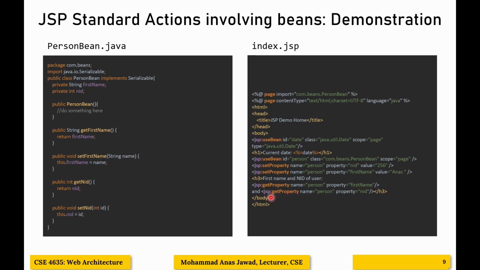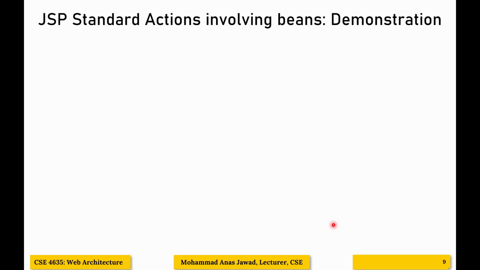Similarly, we have another getProperty action tag here, and in this case, we are writing the name of the property as NID. So this will return the value of the NID that we have set for our person object. So let's see what the output looks like when we actually render this in our web page.